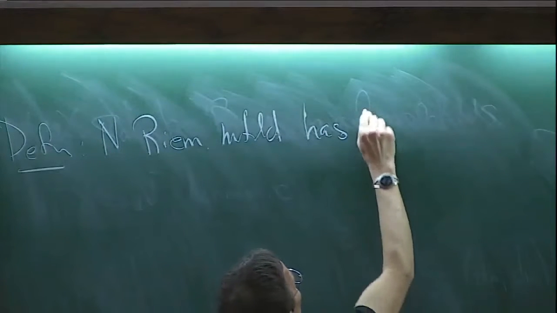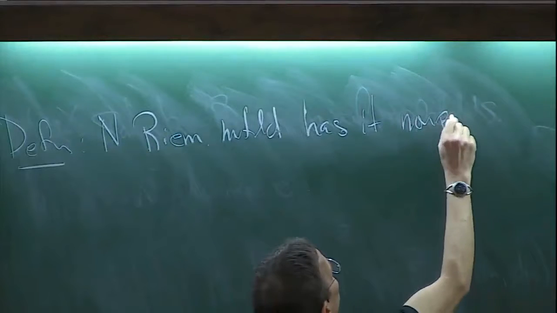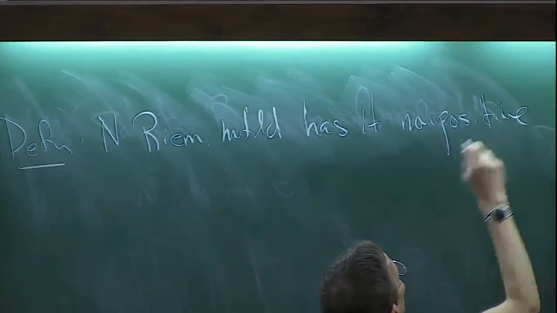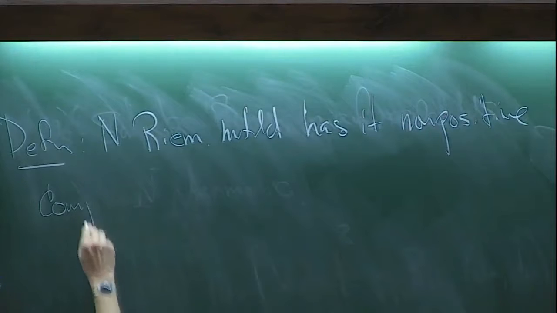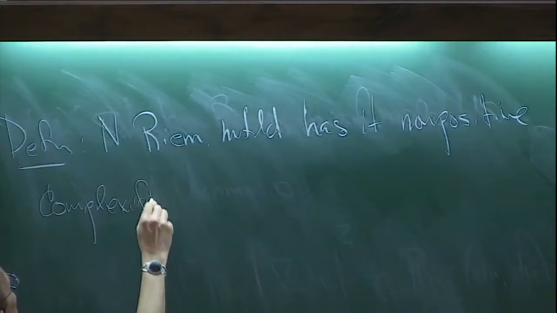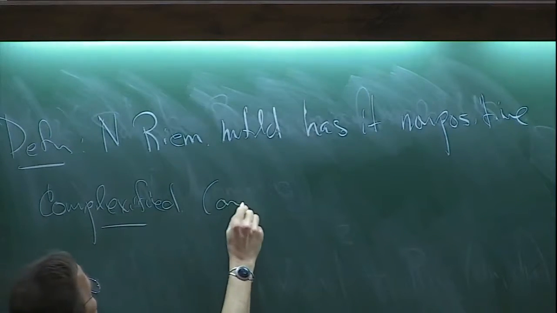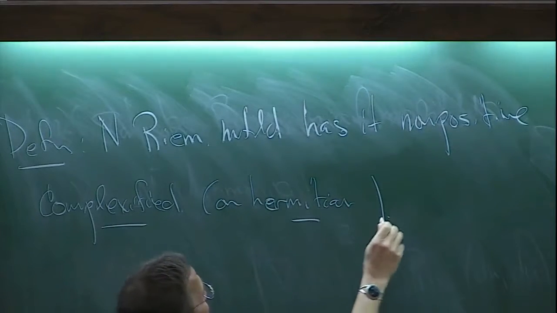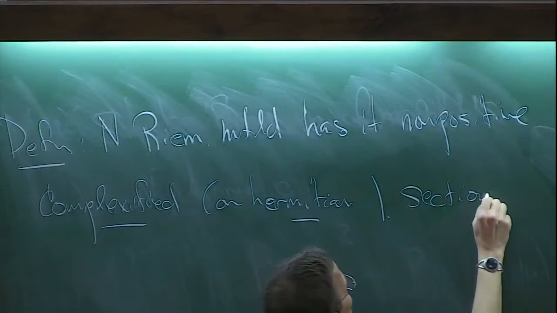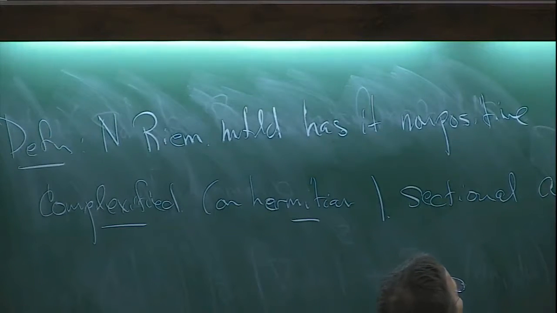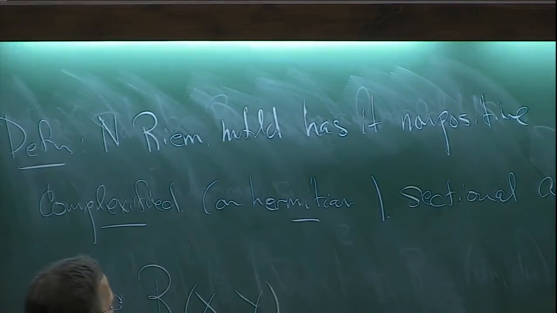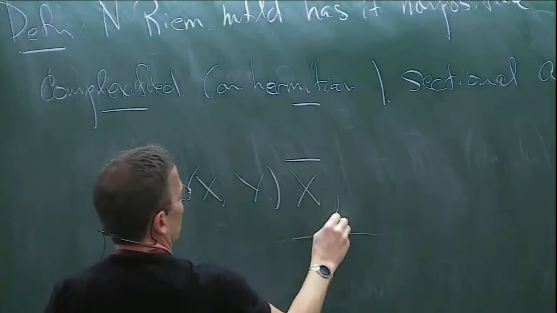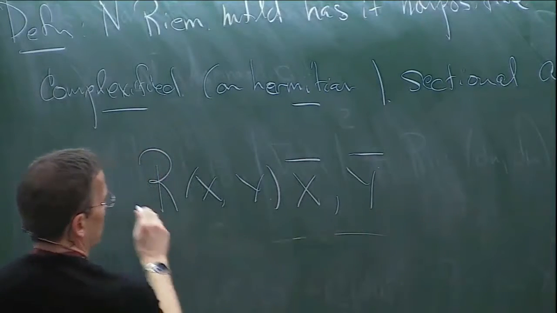We'll say that it has non-positive complexified, or Hermitian, sometimes it's called Hermitian, sectional curvature if whenever I take the usual sectional curvature, and here, don't take any of my signs seriously.